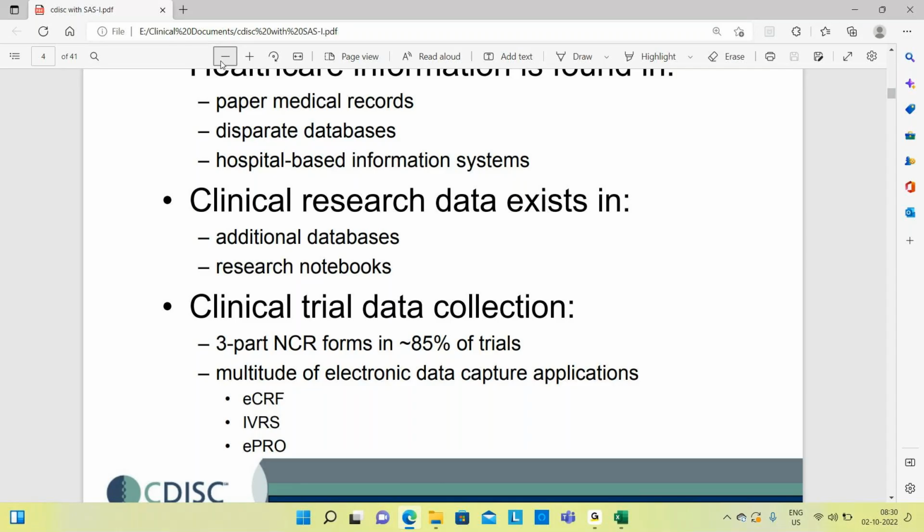IVRS stands for interactive voice response system. ePro stands for electronic patient reported outcome.